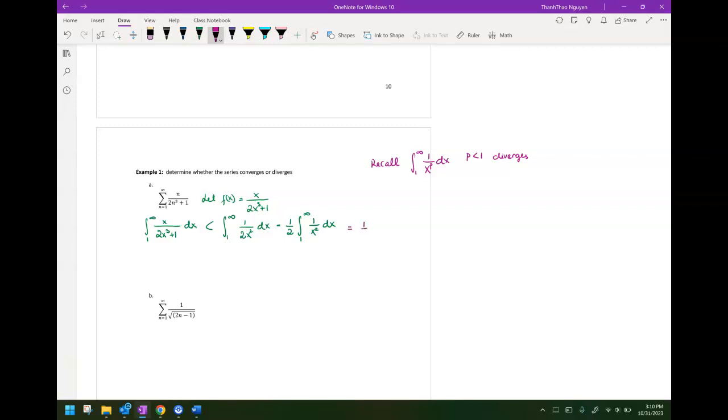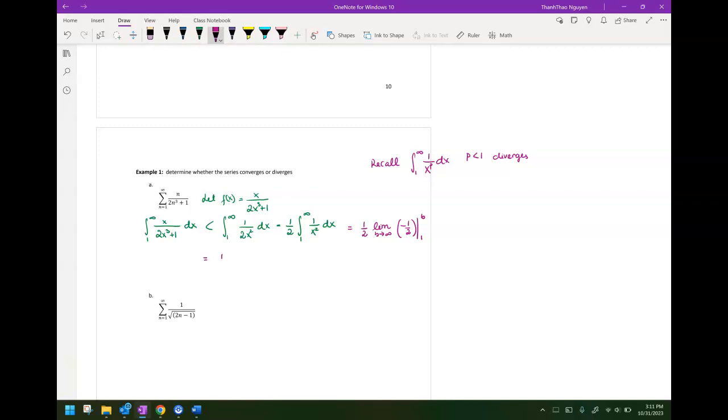This is equal to 1/2 times the limit as b approaches infinity of negative 1 over x, evaluated from 1 to b.